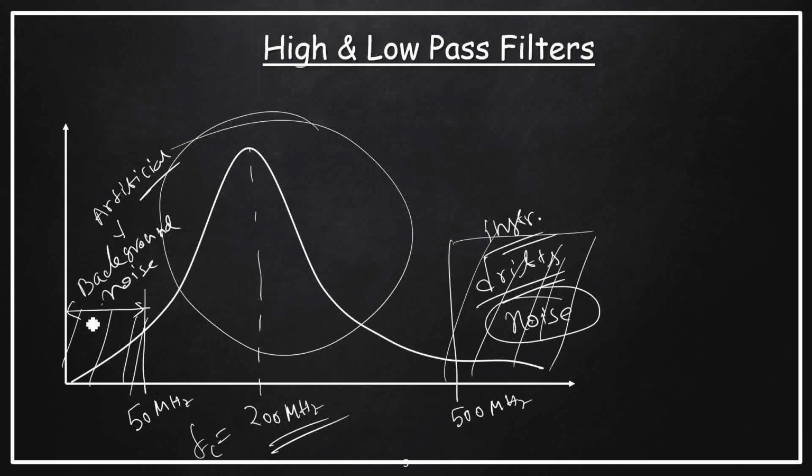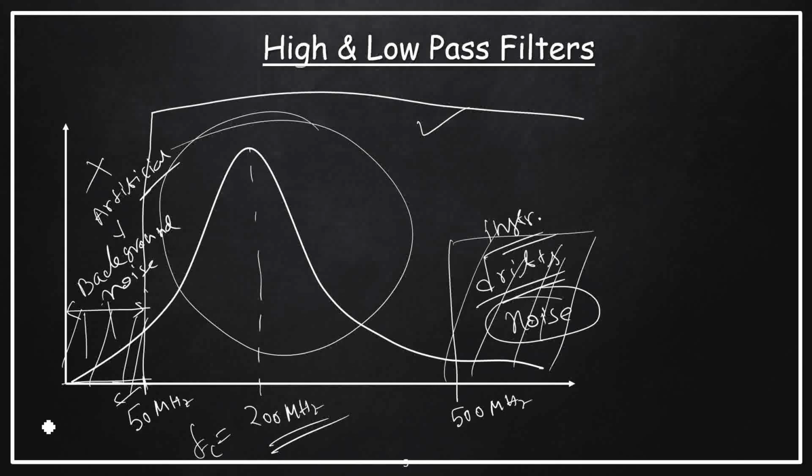If I want to remove this portion and this portion, I'll be applying a filter at 50 megahertz. I'll be applying such a filter which will allow the waveform or the signal after 50 megahertz. This portion it will allow and this portion it will delete. So it's passing the high frequency signal.